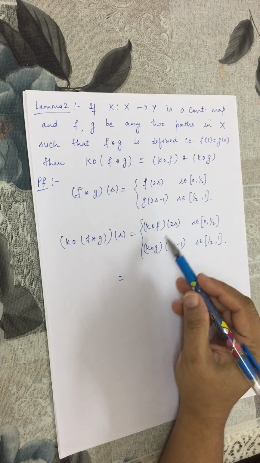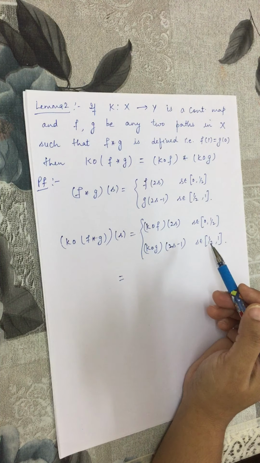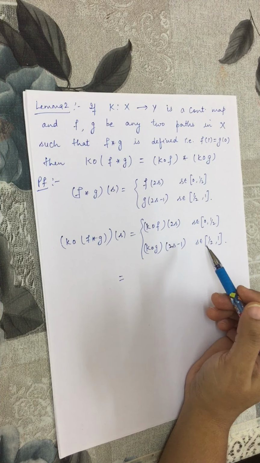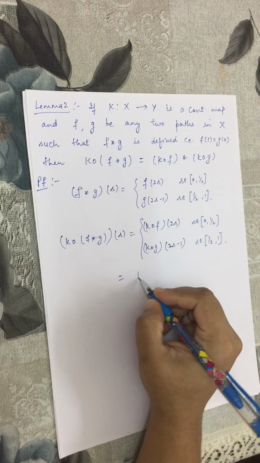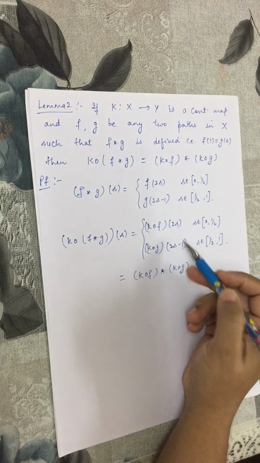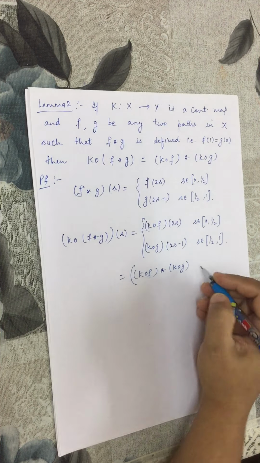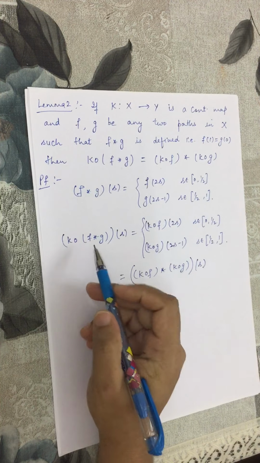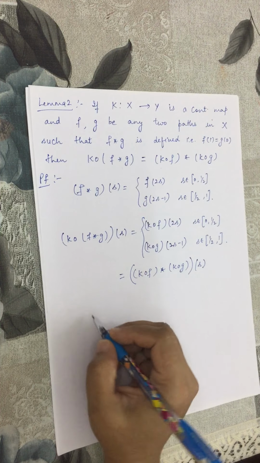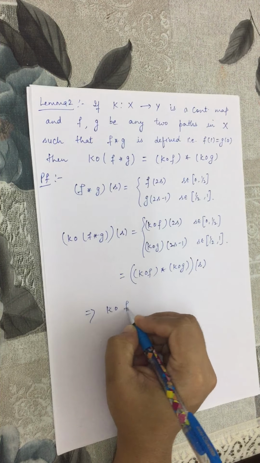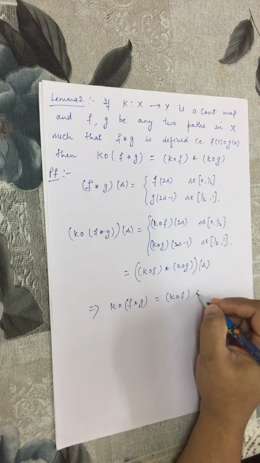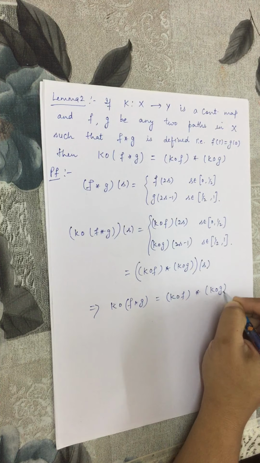Now from the definition of product of paths, we can say that this is equal to (k circle f) star (k circle g), the product of these two paths at point s. So these two functions are equal for every s. So it means we can say k circle (f star g) is (k circle f) star (k circle g).